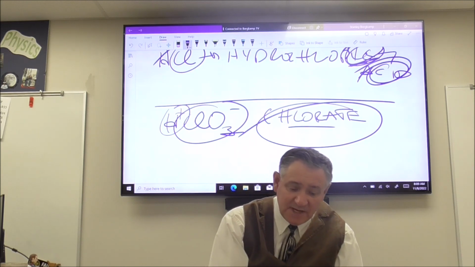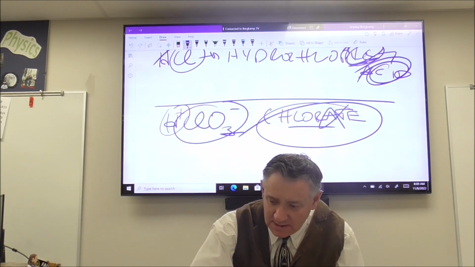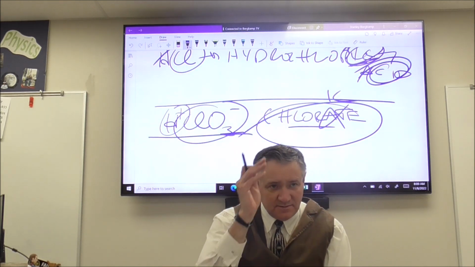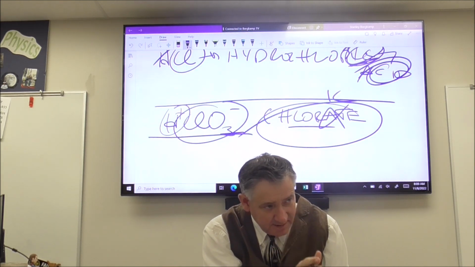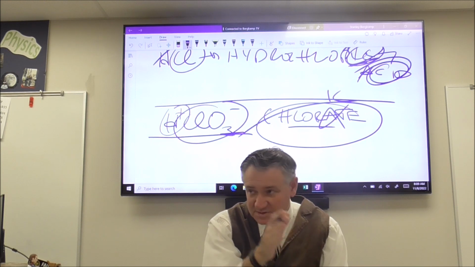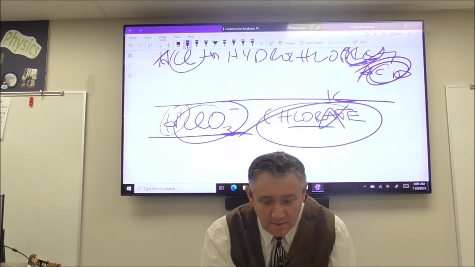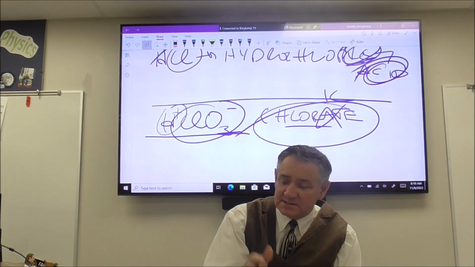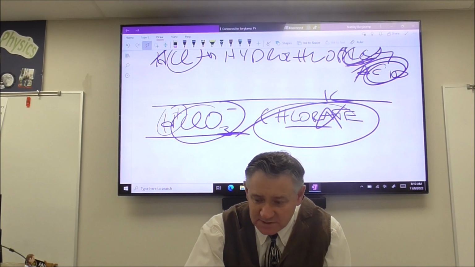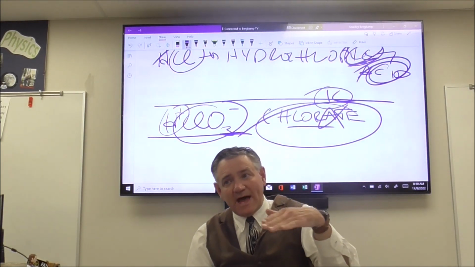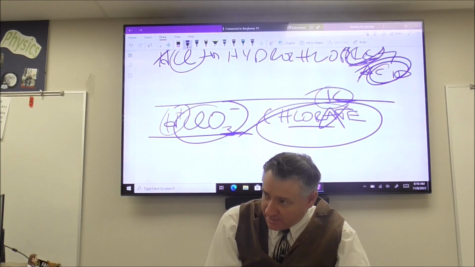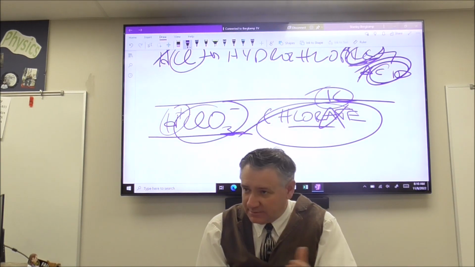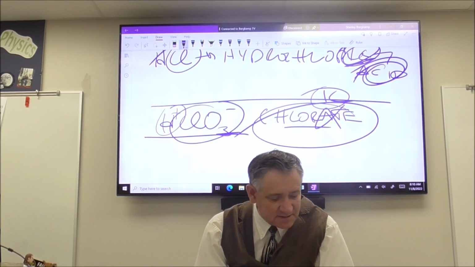But notice when we name the acid, we change that ending to ic. The cation is the hydrogen, which is always going to happen. The anion is ClO3, but instead of naming it chlorate, we change the ending to ic. So that's what's common with binary compounds. So ate becomes ic. Just remember, ate becomes ic.